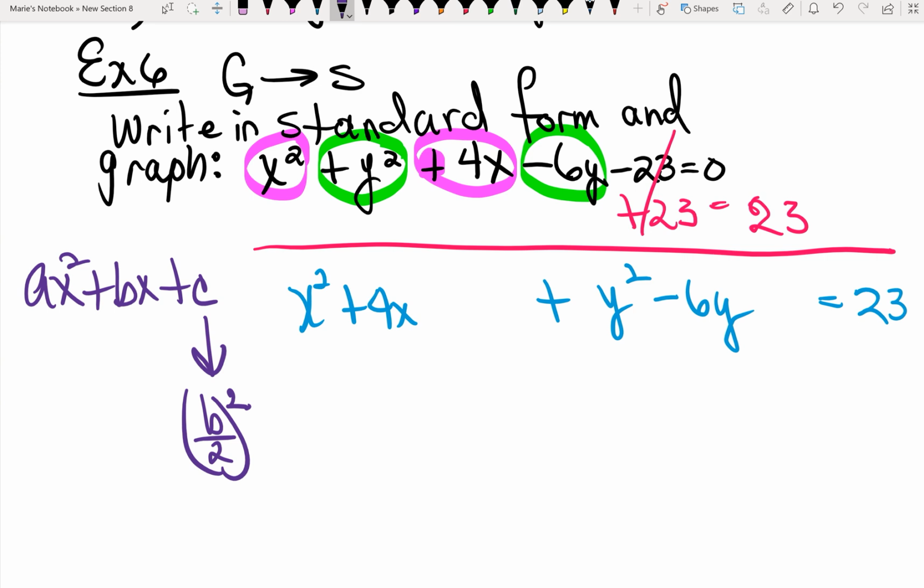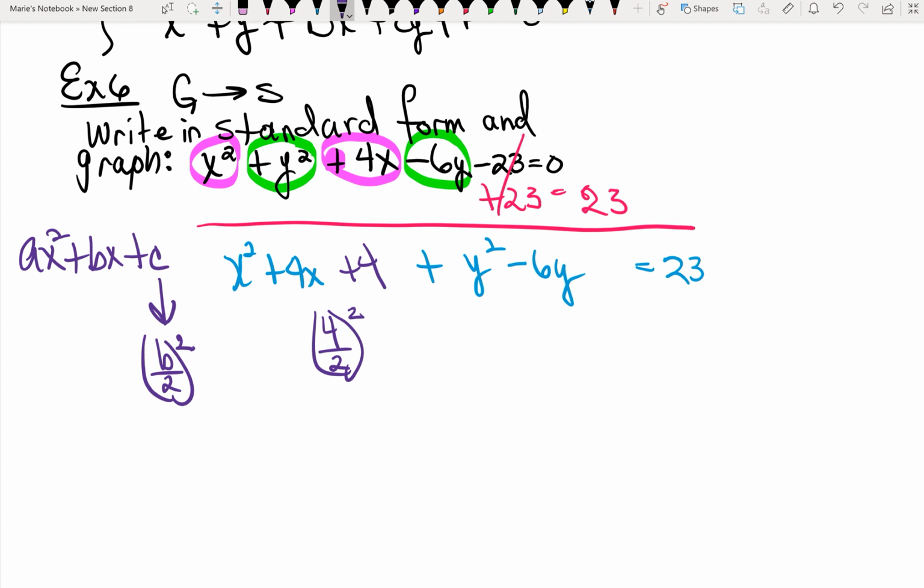So if I take the 4, divided by 2, which is 2, and square it, I get plus 4. I come over here for the y. If I take the negative 6, divide it by 2 and square it, negative 6 divided by 2 is negative 3. Negative 3 squared is plus 9.